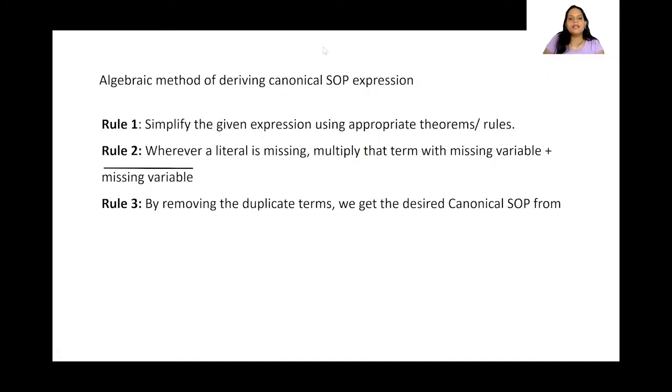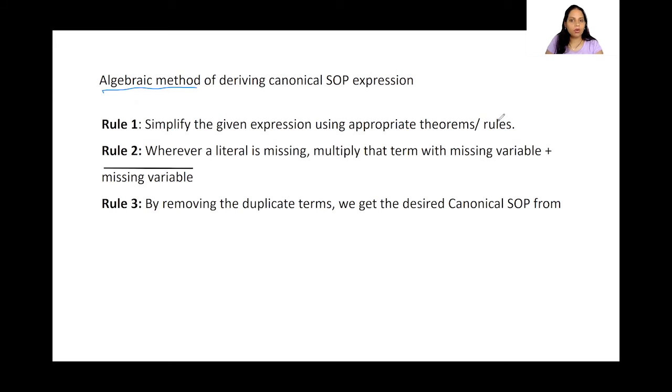Now, there is another method of finding it, called the algebraic method of deriving the canonical SOP expression. Now, what are the rules to be followed for that? First, we need to simplify the given expression using the appropriate theorems and rules. We learned so many rules in the previous sessions, isn't it?